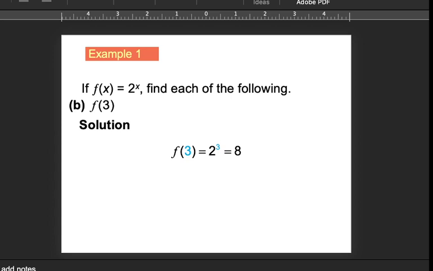Now this is where it becomes a little bit different. There's a few ways that we can do this. If you looked at the previous examples, let me go back to a previous example here.